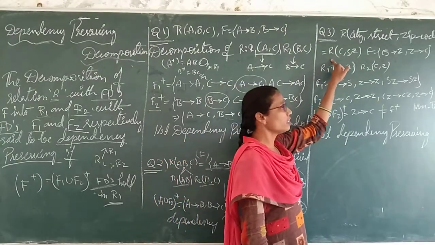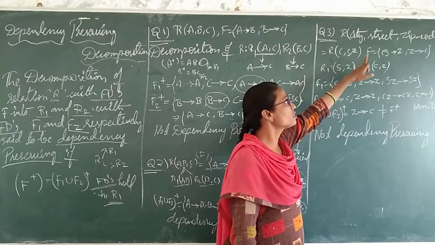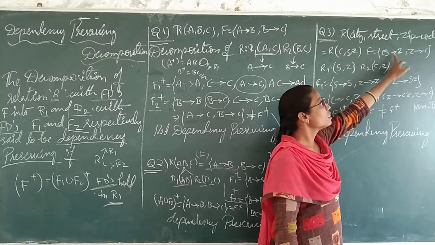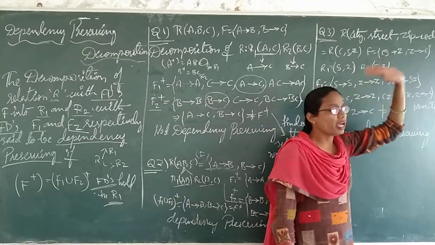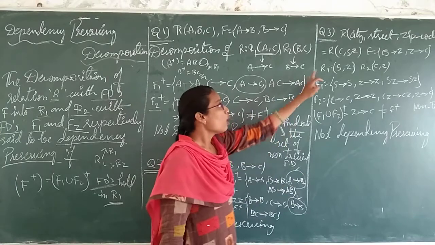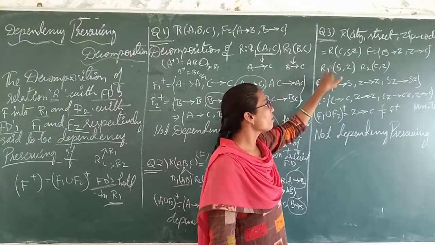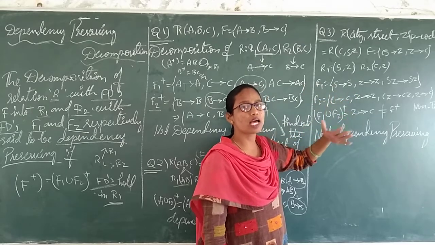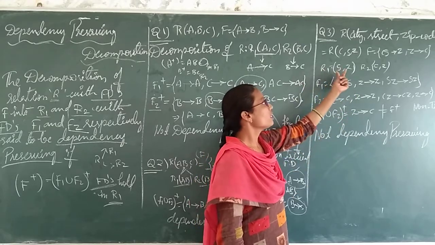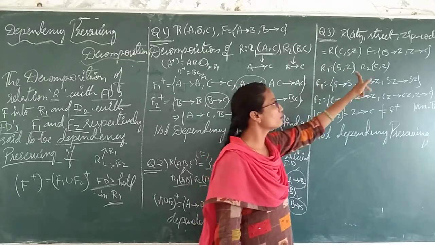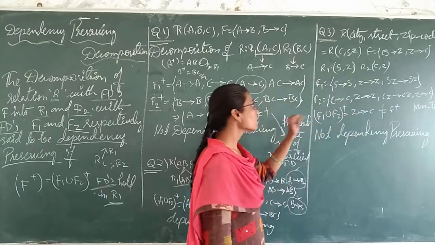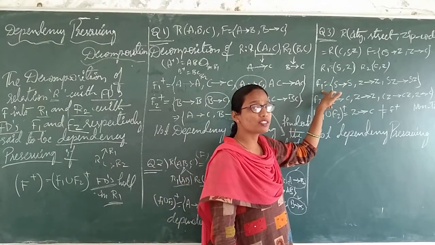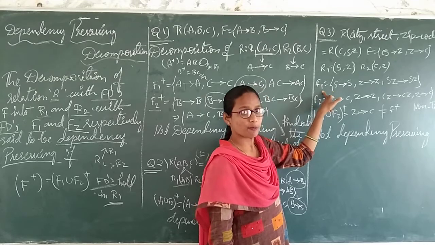Here R is a relation with attributes C, S, Z and functional dependencies C, S determines Z, Z determines C. After decomposing this relation we get two new relations R1 and R2. In R1, S, Z are the attributes; in R2, C, Z. Next we find the functional dependencies for R1.